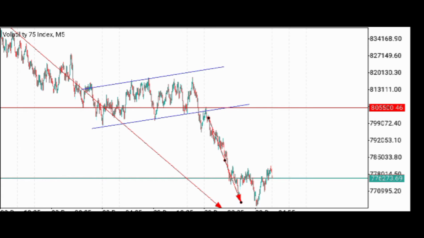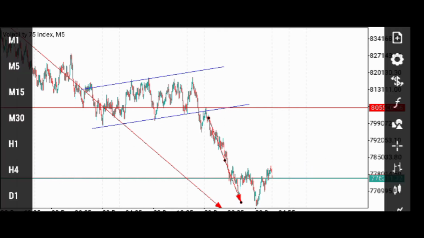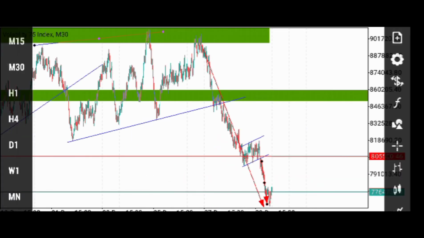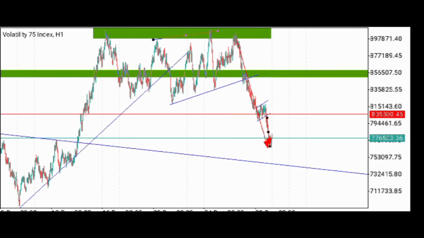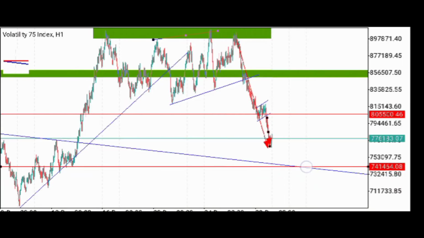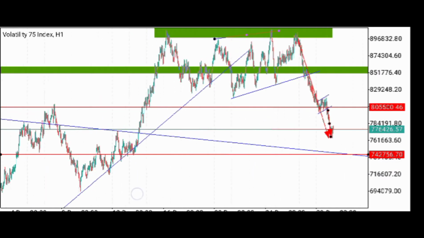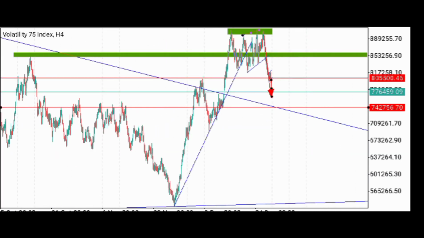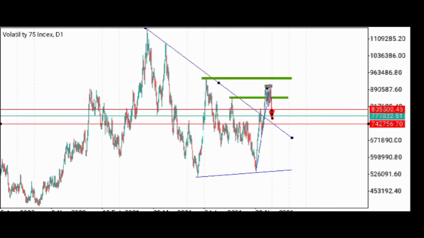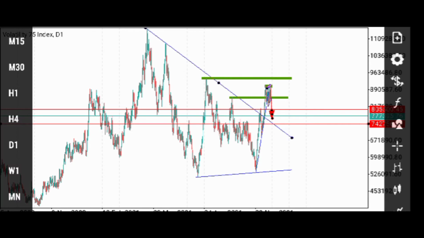So when you enter there, you simply do the very same thing you did on the first one. You look at the most recent previous lows for your take profit. So here's our most recent low here. That's our second take profit area. And there's a trend line there, the higher time frame trend line, this one.